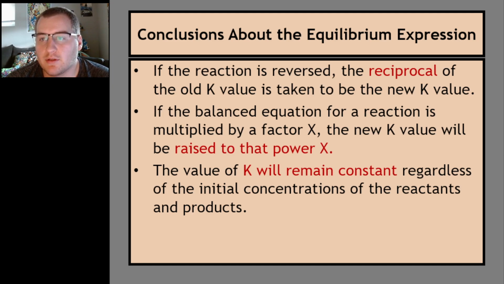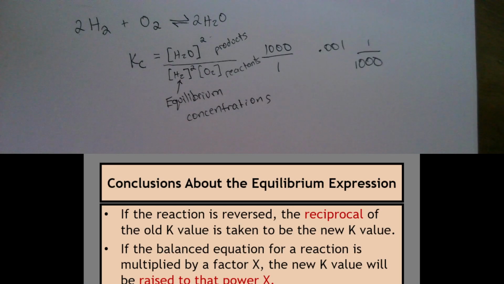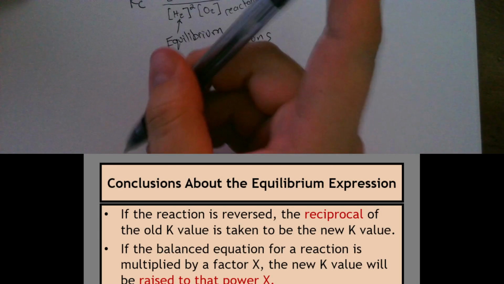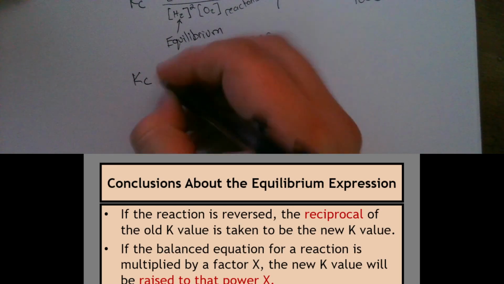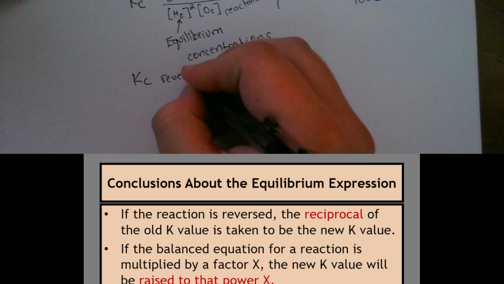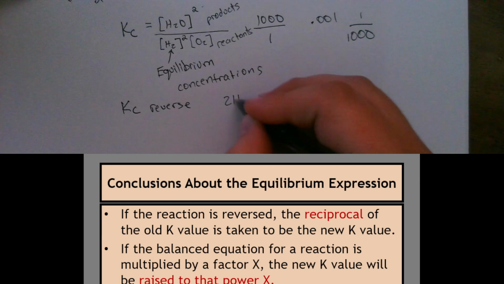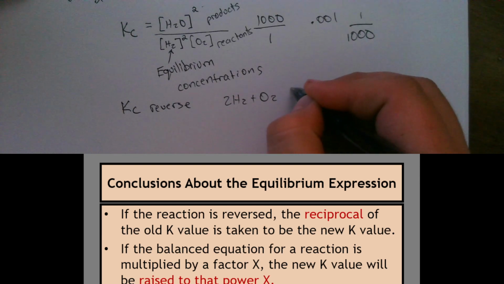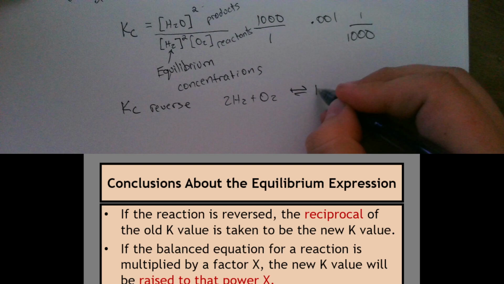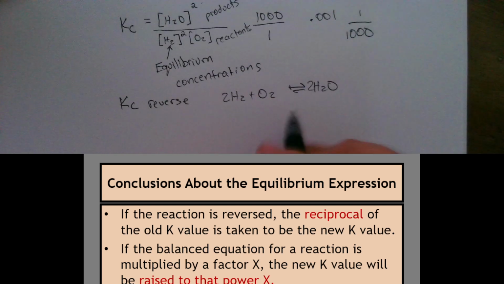Couple things about the equilibrium expression. If the reaction is reversed, the reciprocal of the old K value is the new one. Let's start with just that piece of info. So I want to know the Kc of the reverse reaction. Well, if you reverse a reaction, say I reversed this reaction we were talking about, let's just flip it.